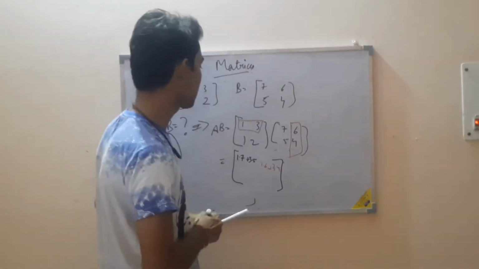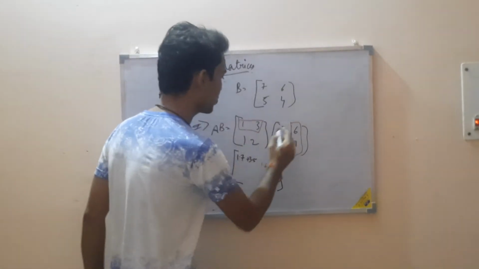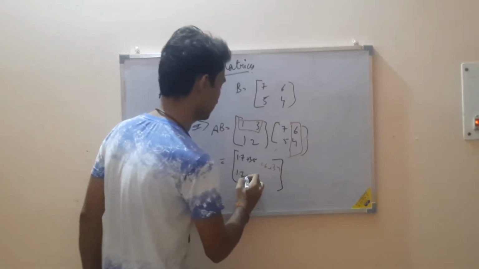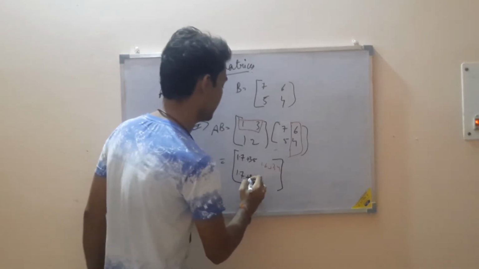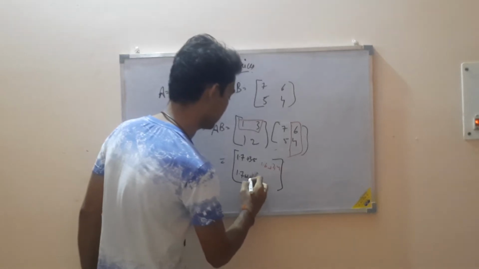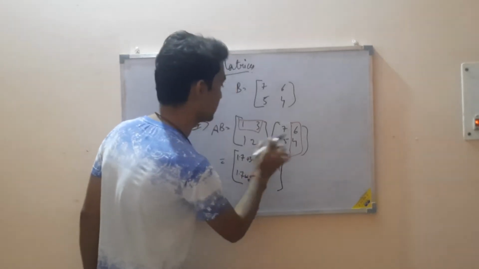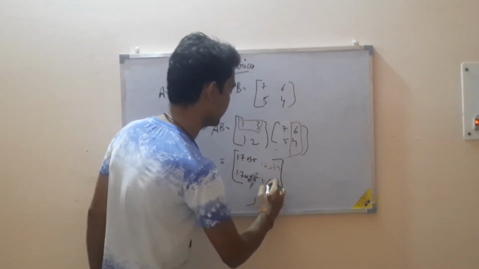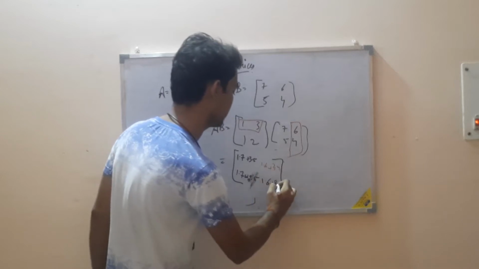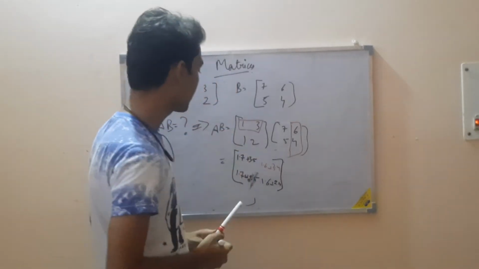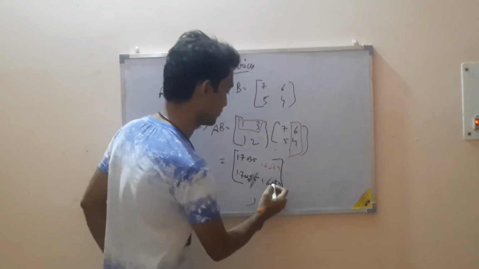So it will be again 1 into 7 plus 2 into 5, and 1 into 6 plus 2 into 4.